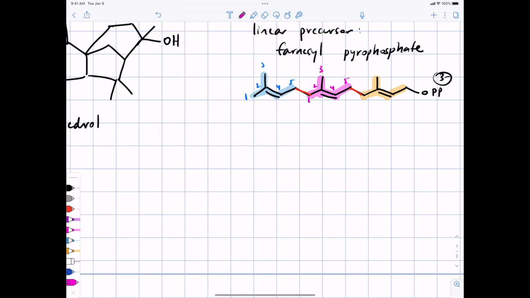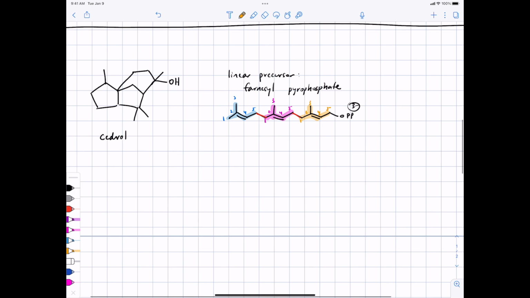So your first task is identify the isoprene units in cedarol. And because I tell you that it came from this linear precursor, I want you to see if you can find a way to assign isoprene units in cedarol that strings 3 isoprene units together in head to tail fashion.